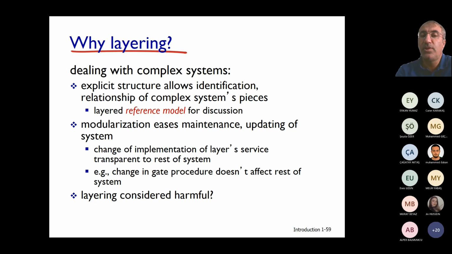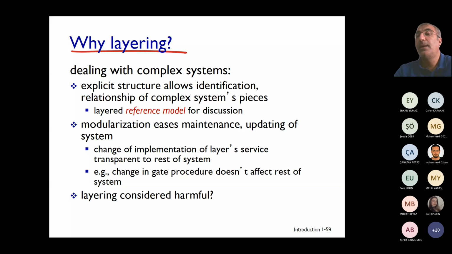Explicit structure allows identification of relationships among complex system pieces, right? So that's why we apply this layering solution to the network as well, to manage such a huge and complex internet structure around the world. And it also helps to easily maintain and update the system, right?